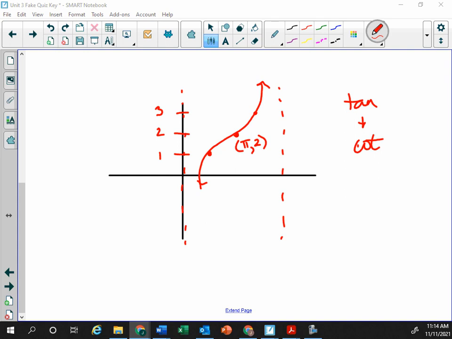You're very close. Make sure you do your y equals. Oh, good. Do you have a negative in front of your cotangent? Yeah. Good.